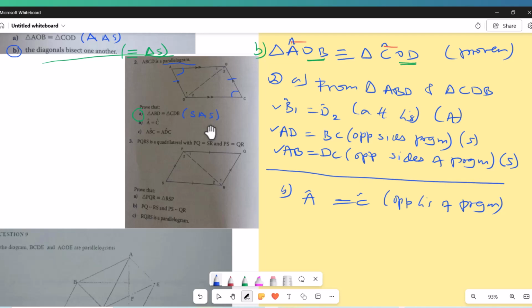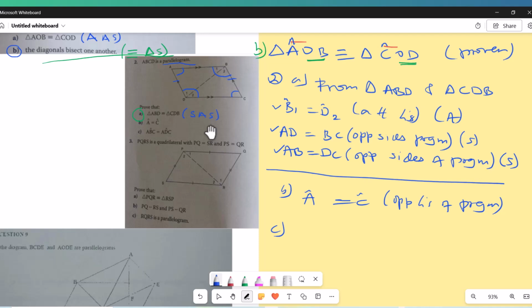What about part C, where they say prove that angle ABC is equal to angle ADC? Now here, because you don't have the two triangles, né, you better say opposite angles of a parallelogram.